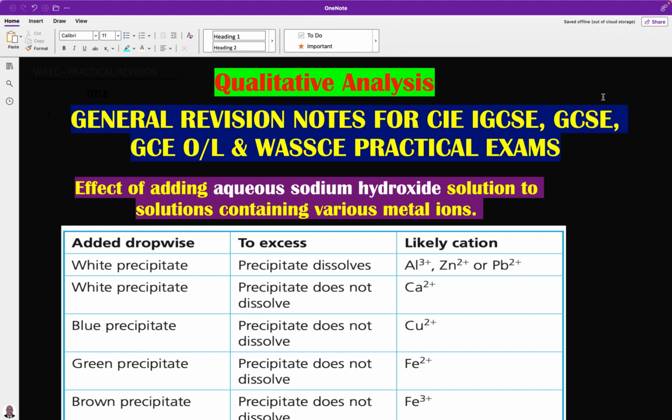Precisely, we will be dealing with the effect of adding aqueous sodium hydroxide solution to solutions containing various metal ions, and the effect of adding aqueous ammonia solution to solutions containing various metal ions too.